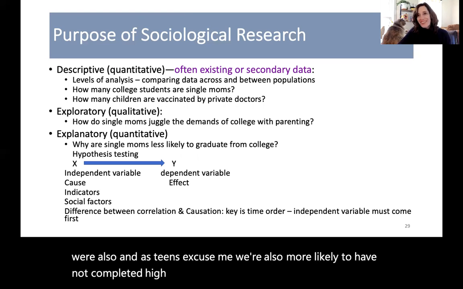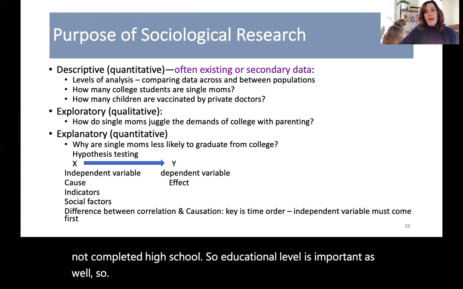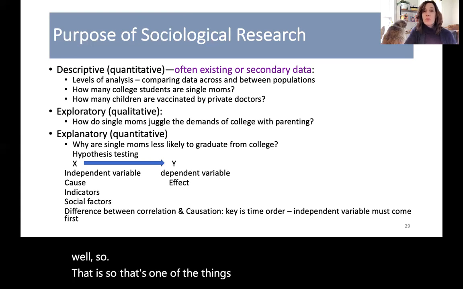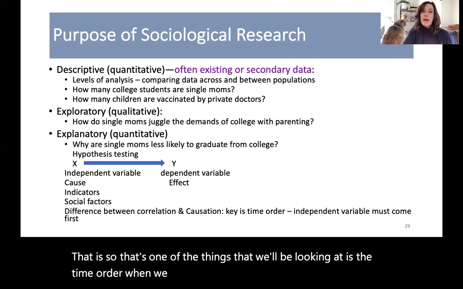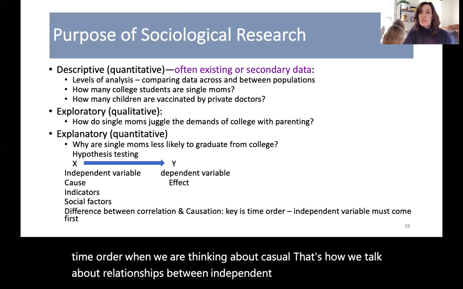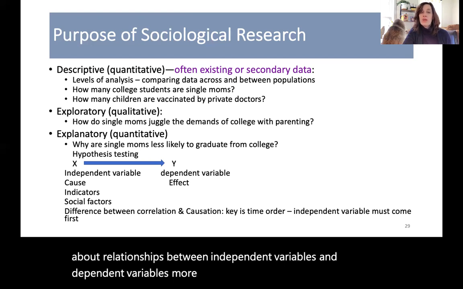So educational level is important as well. So that's one of the things that we'll be looking at, the time order, when we are thinking about causal. That's how we talk about relationships between independent variables and dependent variables. When we're thinking about causal relationships, causal, one variable causes a change in another.